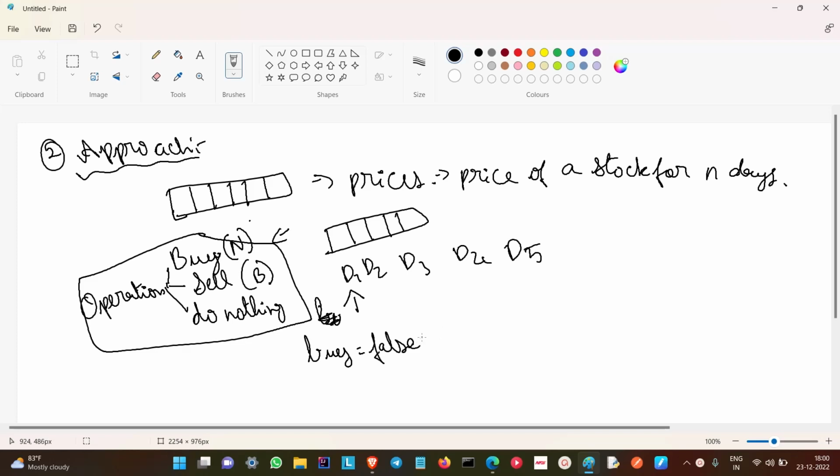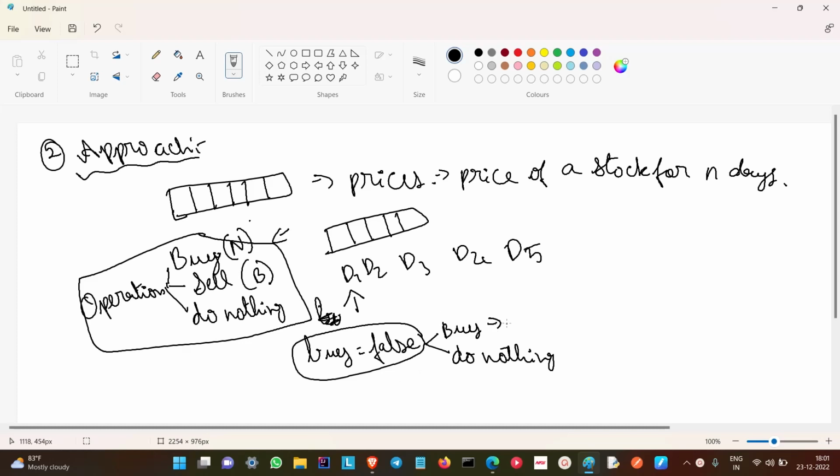When the buy state is false, we can either buy here or continue doing nothing. If we buy a stock, our buy state will be changed to true.